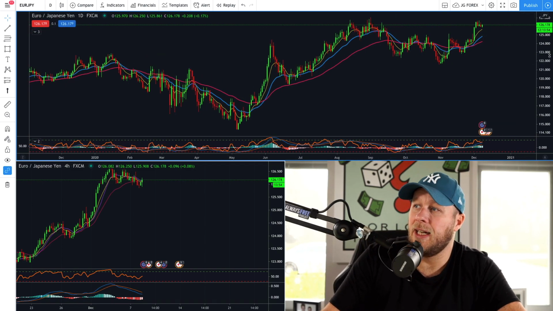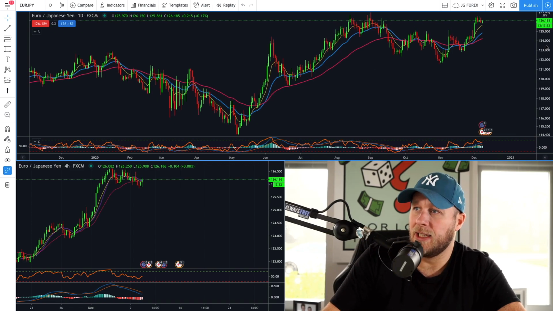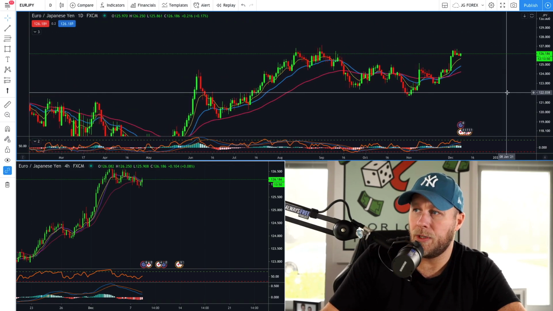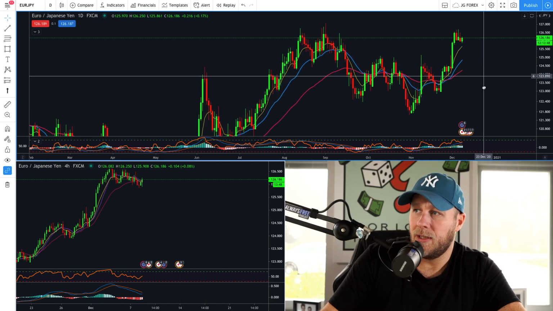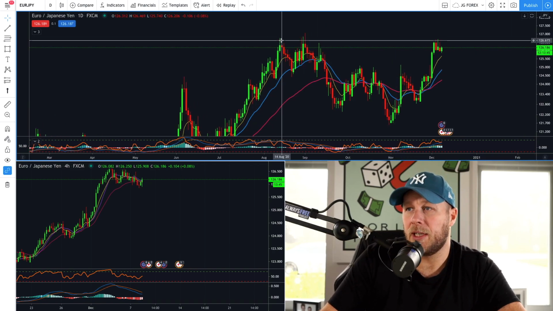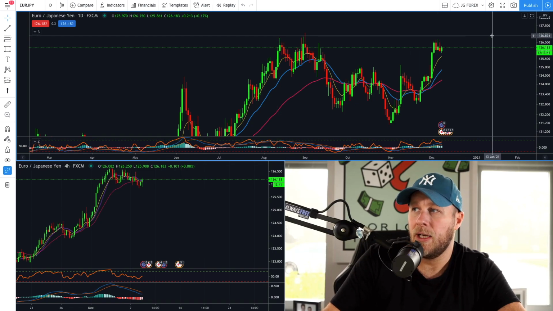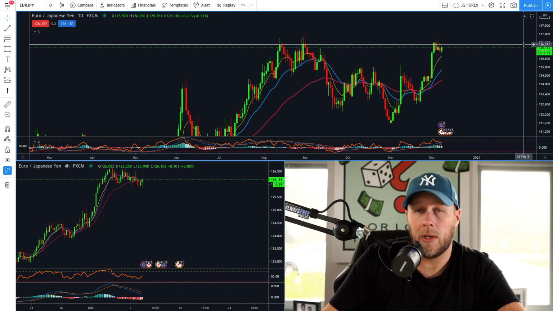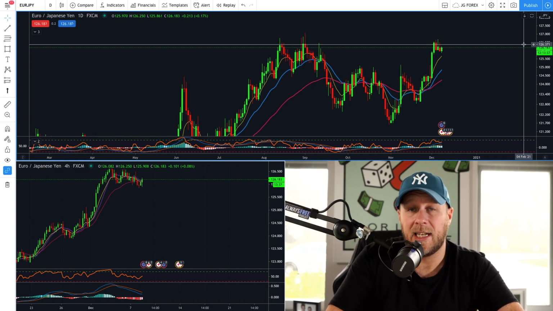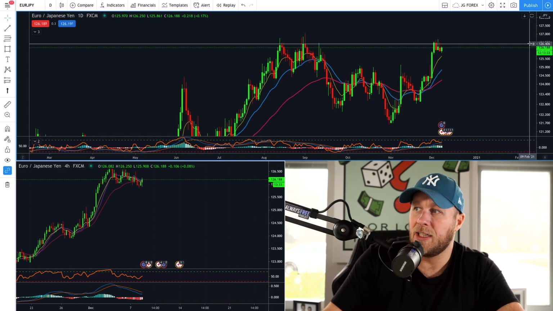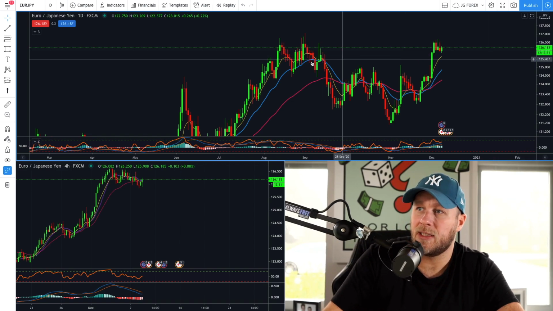So you can see here that just recently, I'm not going to zoom out too far here because I don't need to, but you can see just recently we tested 126.35. Just above that, 126.5 is a psychological number in this market. It's very well respected, and you can see that just by looking at 126.5.